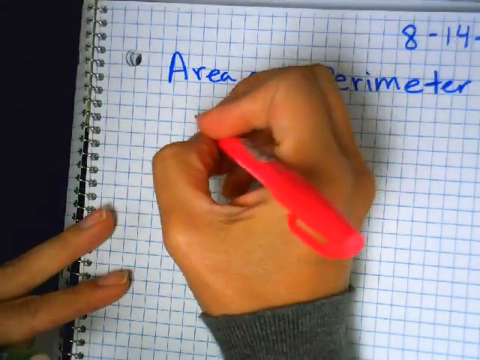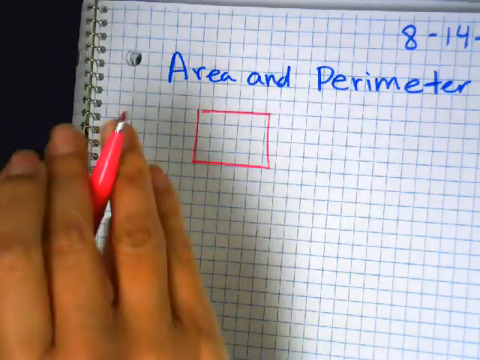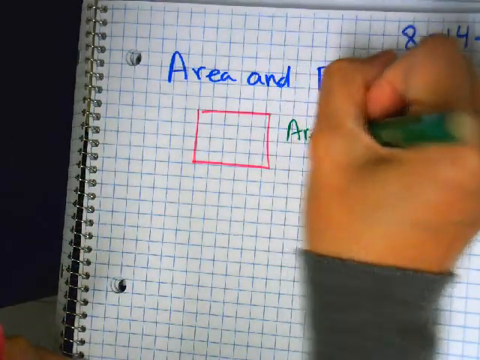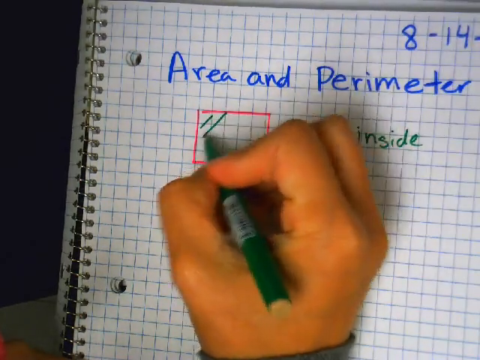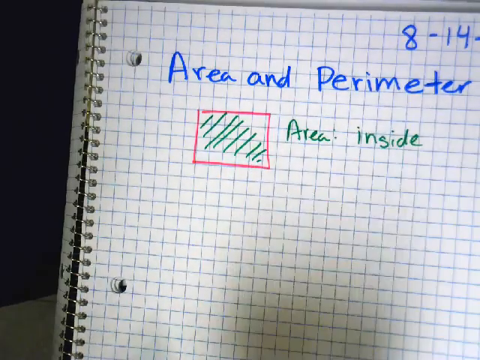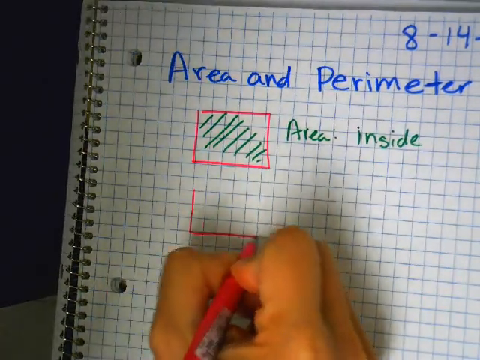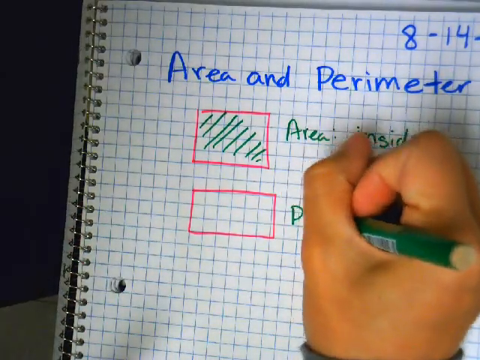So let's see. Let me draw a rectangle. So area would be the inside, right? So this part. This would be area, the inside part. If I have the same rectangle, perimeter would be the outside, right?